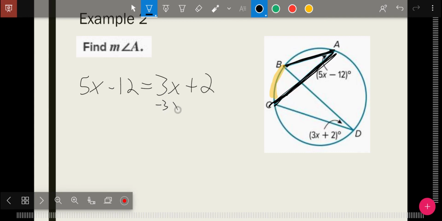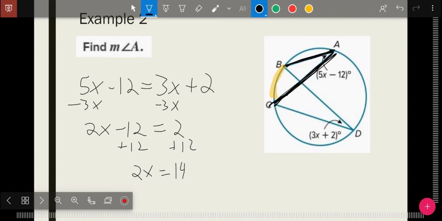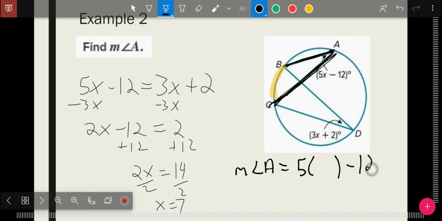I'm going to minus 3x from both sides. I'm going to add 12 to both sides. And I'm going to divide by 2 on both sides. Now, the question's asking for the measure of angle A, which is 5x minus 12.